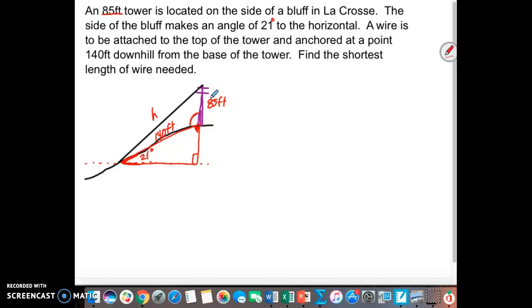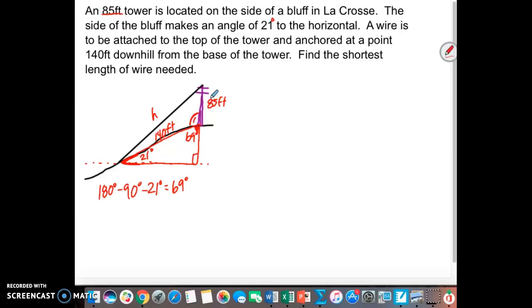To find the measure of this angle, we will take 180 degrees, and we'll subtract off 90 degrees, and then subtract off 21 degrees, because a triangle must add up to 180 degrees, and this is 69 degrees. This angle is equal to 69 degrees.